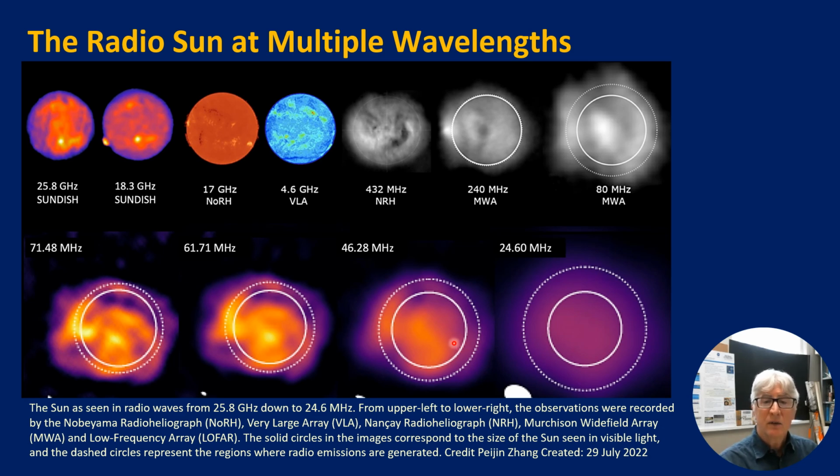The solid line represents the size of the sun in the image in visible light, and the dashed lines show the regions where the radio emissions are generated at the frequency indicated. Again, for Radio Jove and/or Sunrise frequencies of interest, 15 to 30 megahertz, the figure in the lower right is the most relevant.